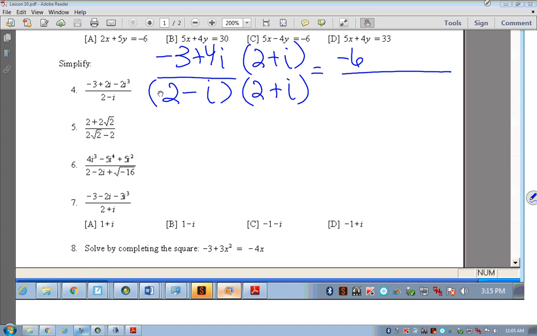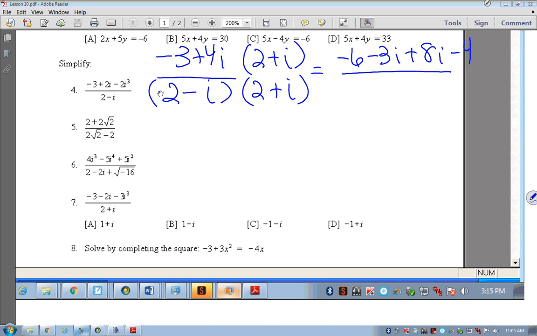Negative 3 times i, which is negative 3i. 4i times 2, which is positive 8i. And then 4i times i, which is 4i squared, which is 4 times negative 1, which is negative 4.